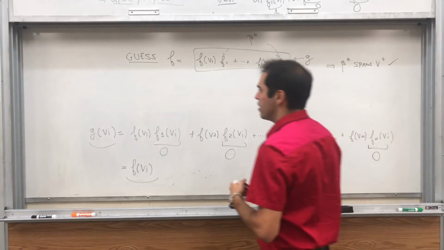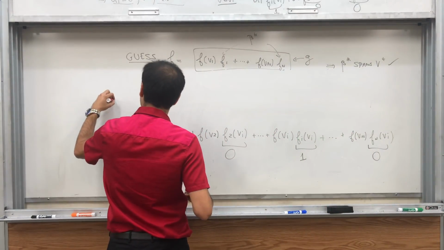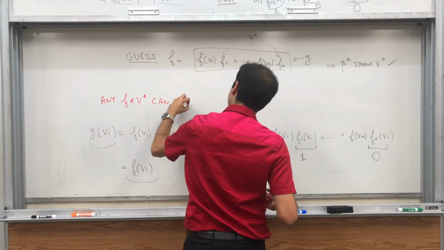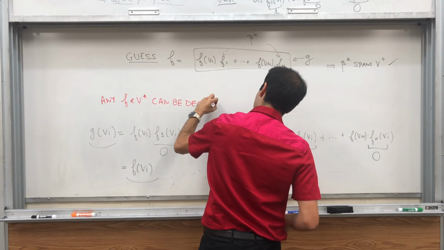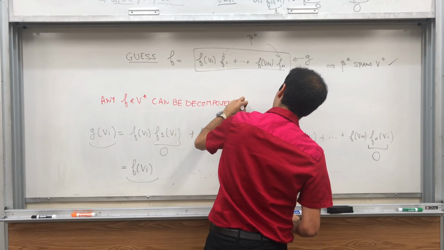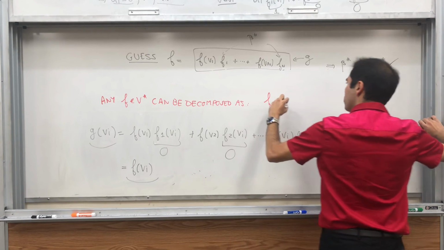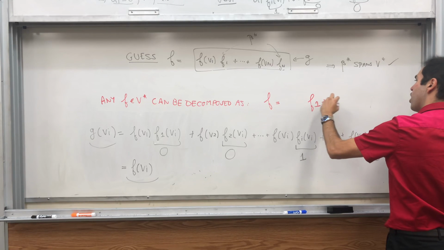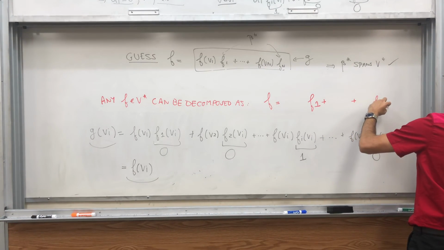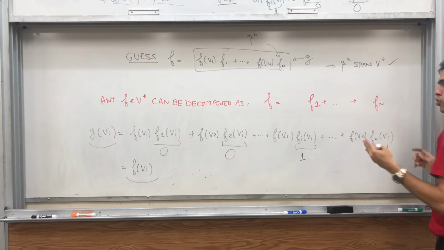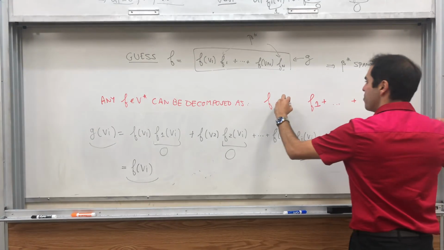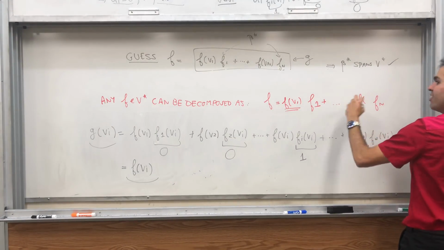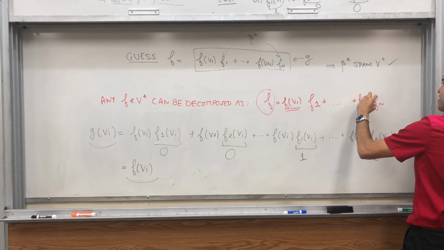We just have that any f in V star can be decomposed as f equals, again, because this is a basis, some linear combo of the building blocks. And usually the coefficients are hard to find, but now they're easy to find, because the coefficients are just, you evaluate f at the basis vectors.